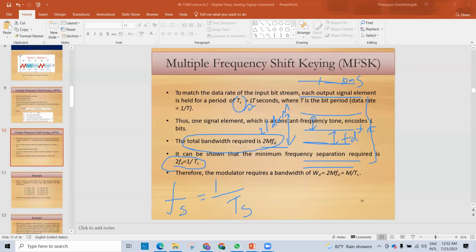So the separation between two signal elements should be enough for the transmission of one signal. So 2FD, the separation, should be enough to transfer the frequency of the signal. Then only it can transfer the data. So the minimum separation 2FD should be equal to 1 over TS.